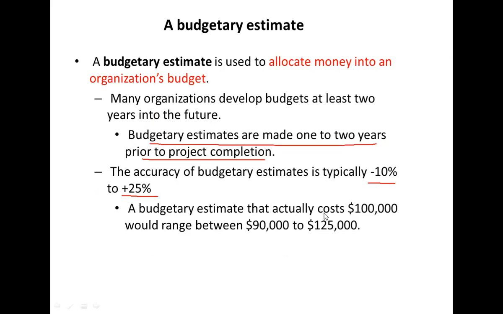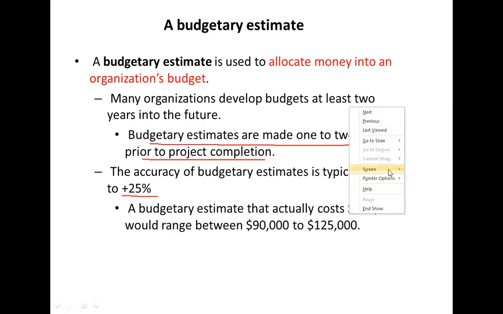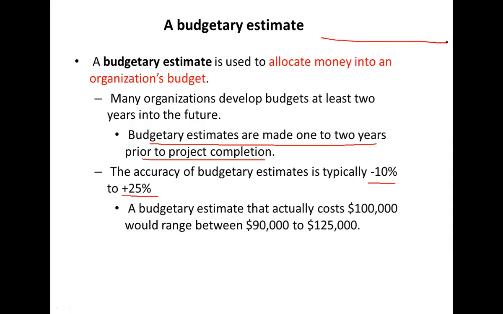So as an example, if the budgetary estimate is 100,000, the actual costs would range between 90,000 to 125,000.